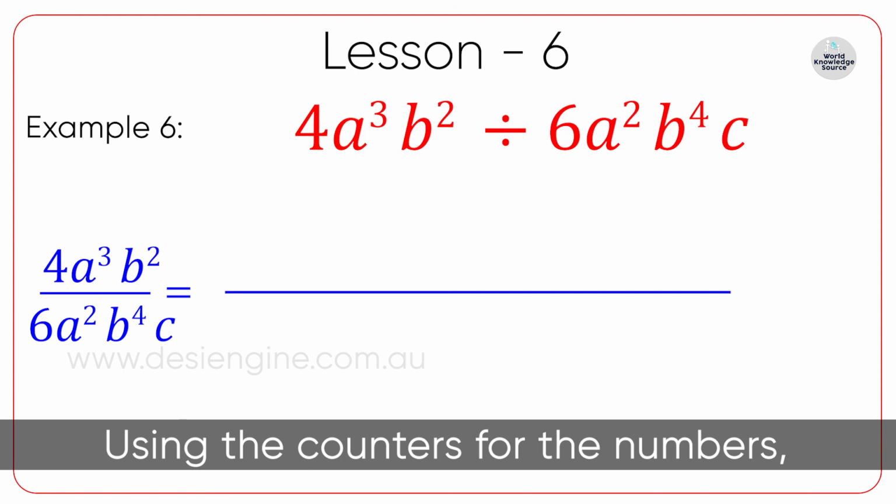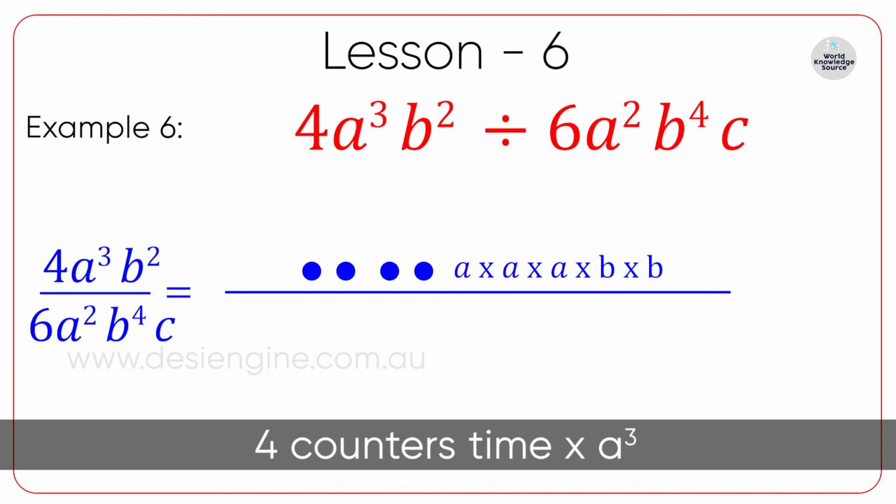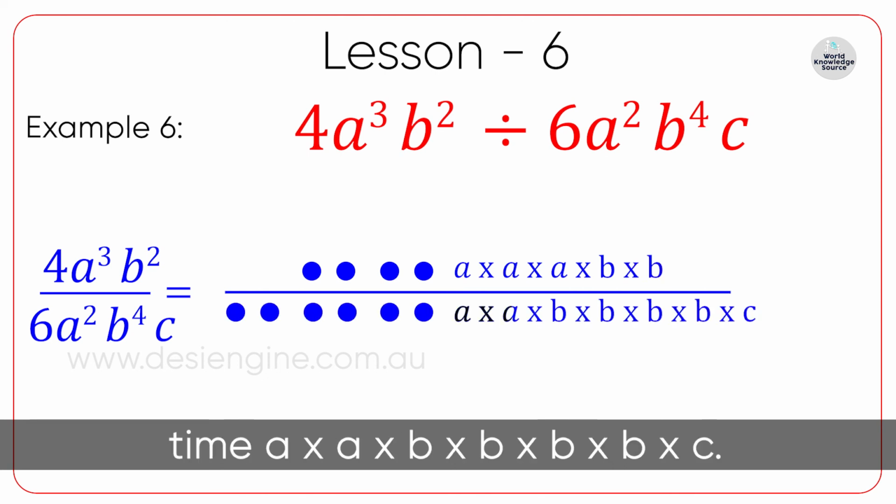Using the counters for the numbers, we can write this as 4 counters times a power of 3, which is the same as a times a times a, times b power of 2, which is the same as b times b, over 6 counters times a times a times b times b times b times b times c.